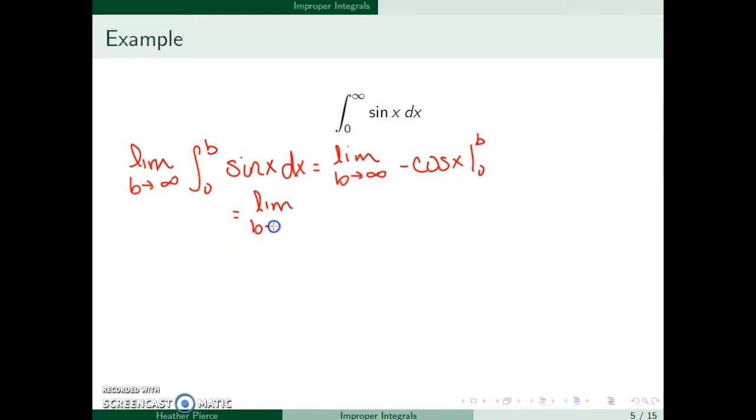So the limit as b goes to infinity of negative cosine b minus negative cosine of 0. Well, this limit here doesn't even exist. So this integral does not exist.